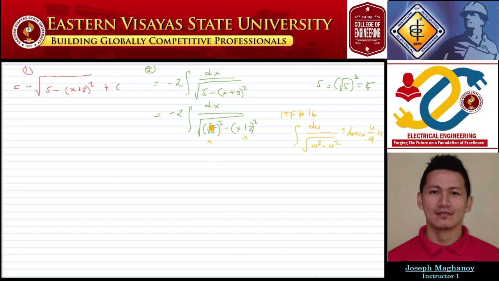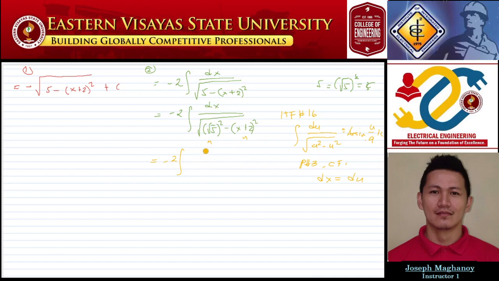We apply it right away since there is no need to determine our correction factor. Since our u is x plus 2, if we get the derivative, applying property number 3, our dx is also equal to du. So we simply rewrite it to be clear.